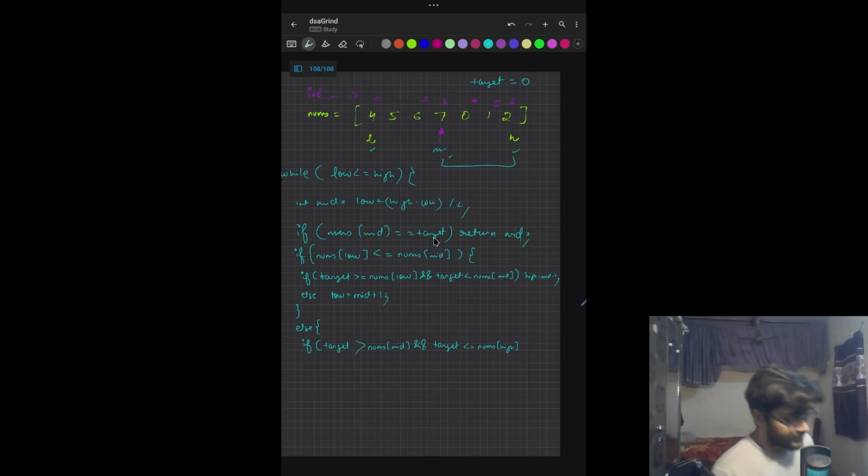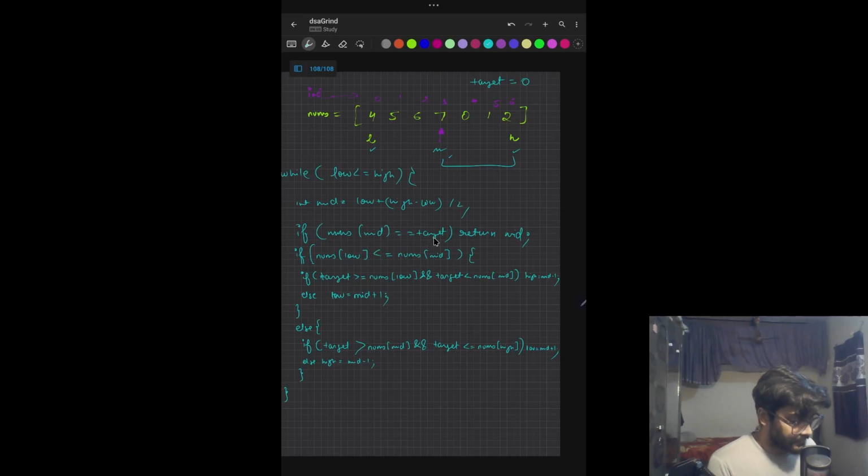If that is true, then obviously the low will move to mid plus 1, else high would move to mid minus 1th position, like that.